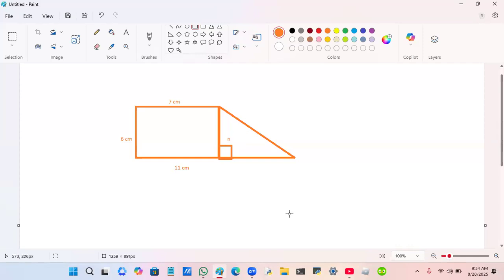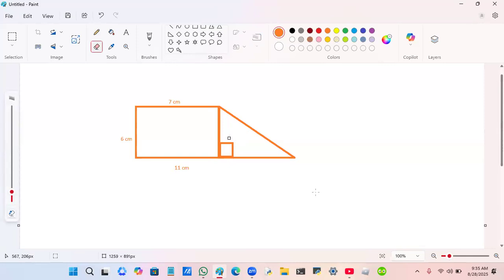But they put something here, this N. That one doesn't make sense now. It must be a typographical error. So that's all they ask for, the area of the figure below. It's simple now. No problem. Let's solve it.